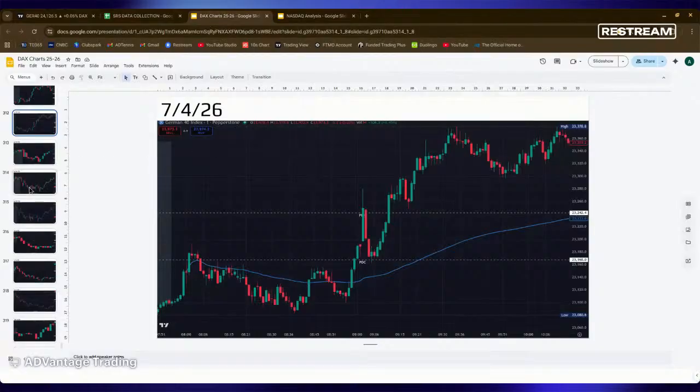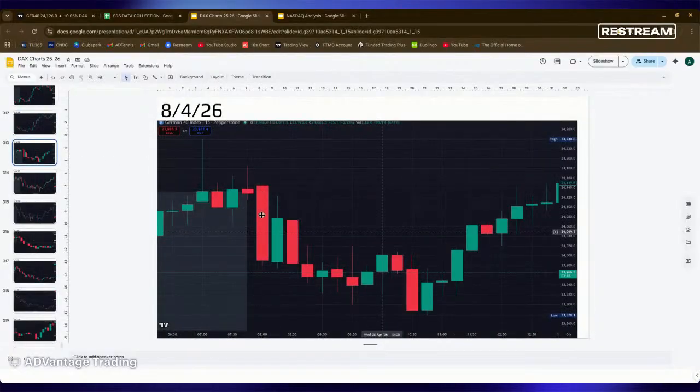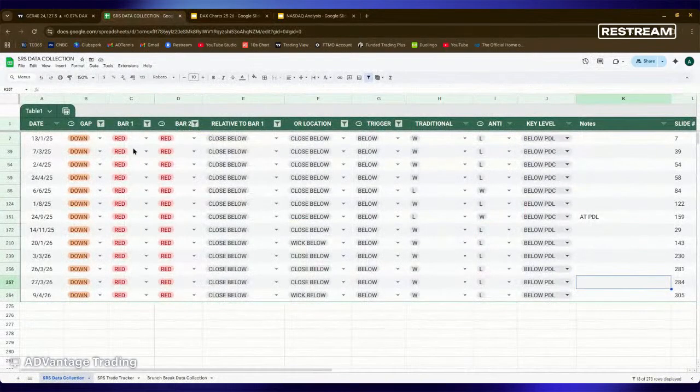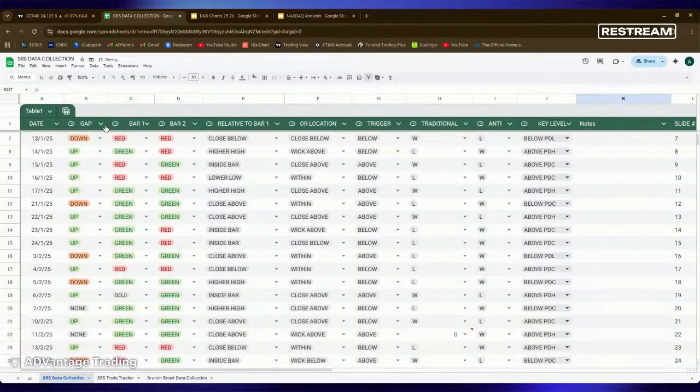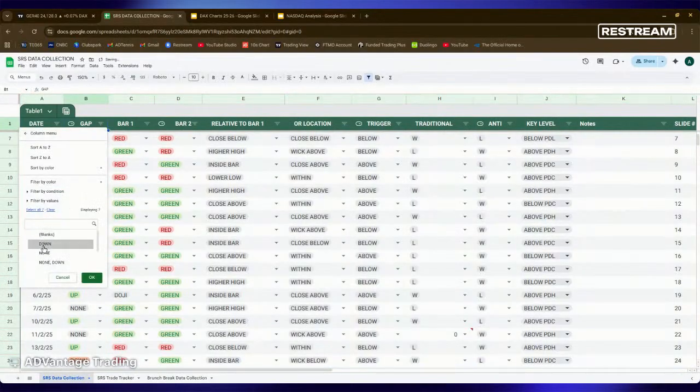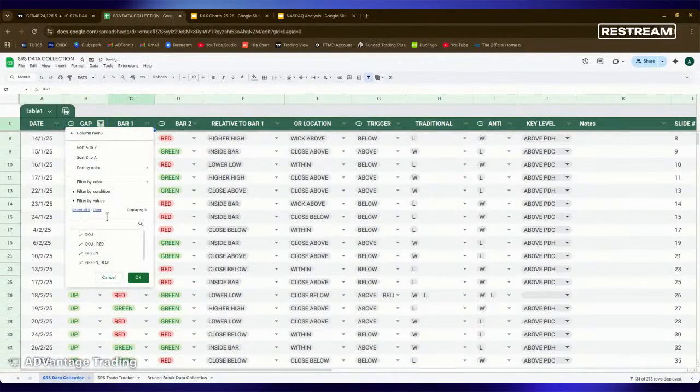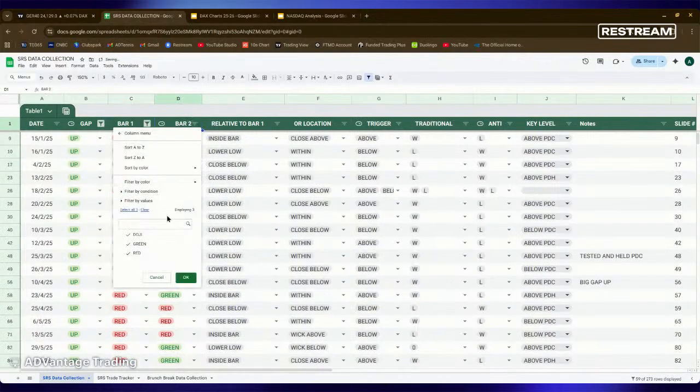Okay, so we have a gap up. First bar is red, second bar is green. So let's reset the filters to a gap up. First bar is red, second bar is green.